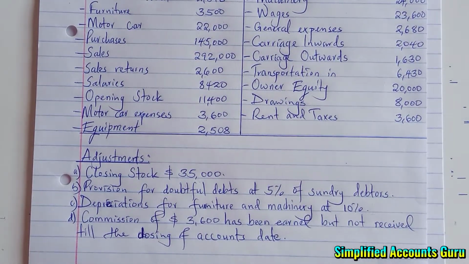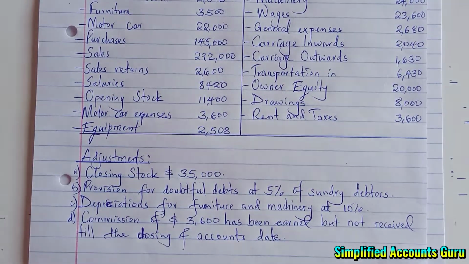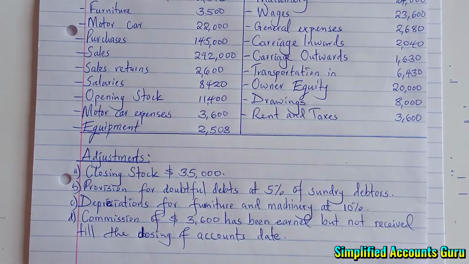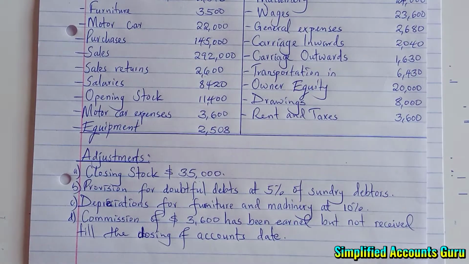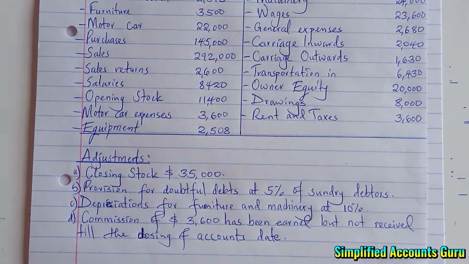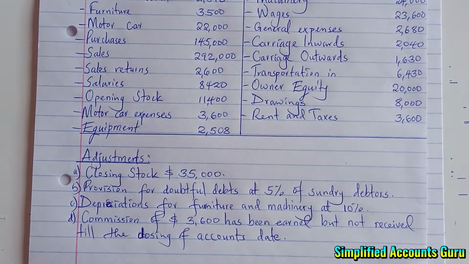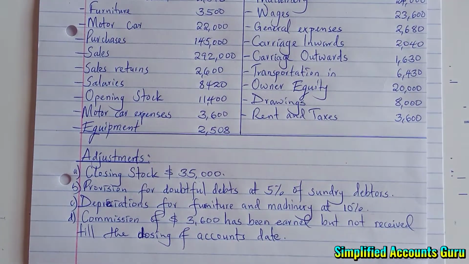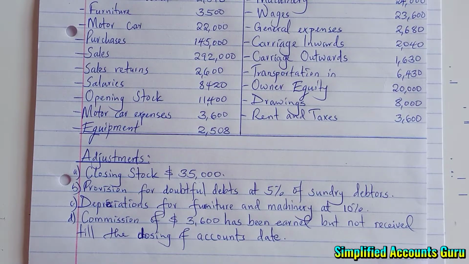Accountants try to be a bit pessimistic, that the future is not going to yield as may have been expected. So we try to put in some provision that we are not going to be able to recover all the debts that are pending for this business because of one reason or another. So in this case, we are being told that we put a provision to the extent of 5%.